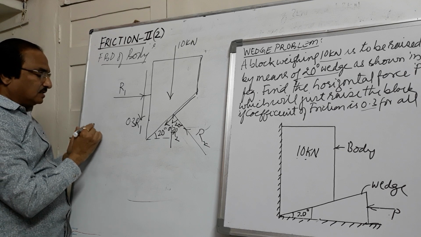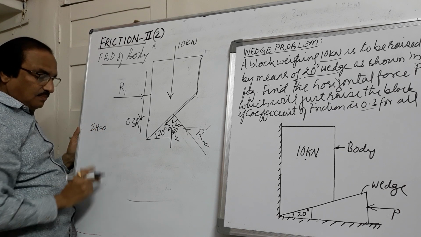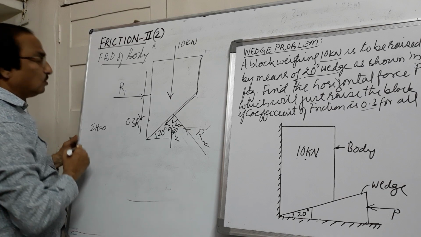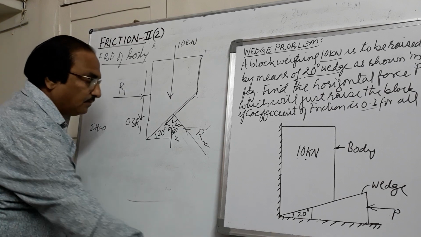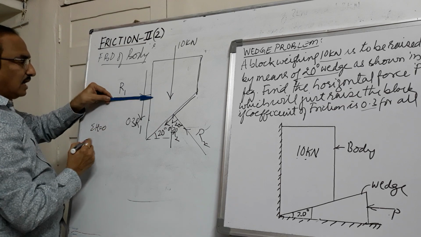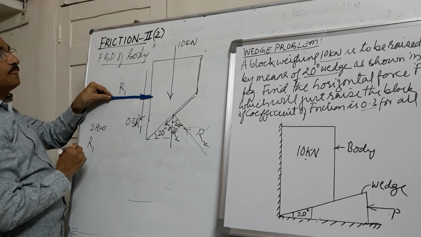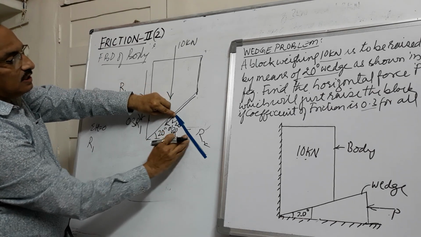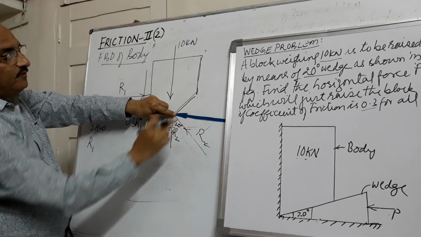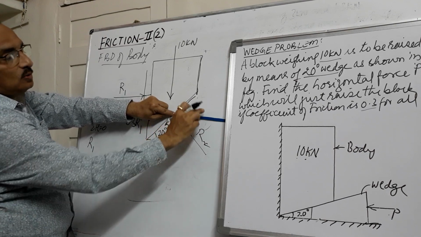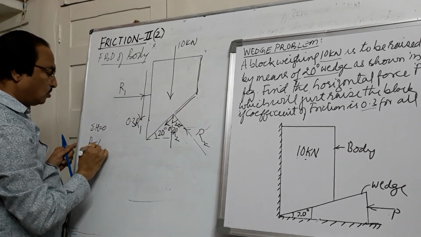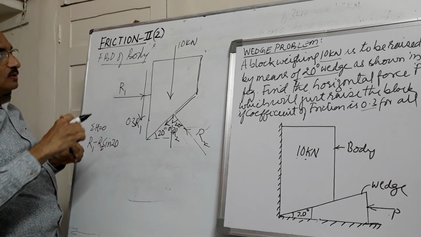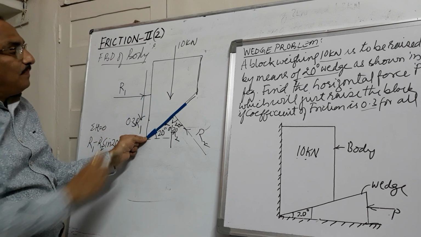So for that let's resolve them horizontally. Sigma H is equal to 0. If I resolve horizontally, then we see there is a horizontal force here R1 towards right. Now if you see to this force R2, if I resolve it horizontally, it is going away from the angle and it is directed towards left. So it will be minus R2 sin 20. There is one more force here, friction. It is acting parallel to the plane.